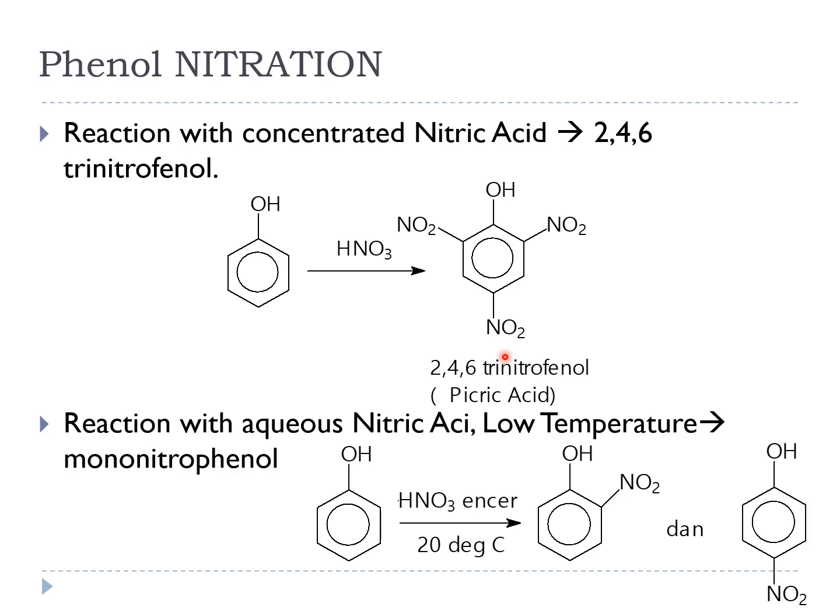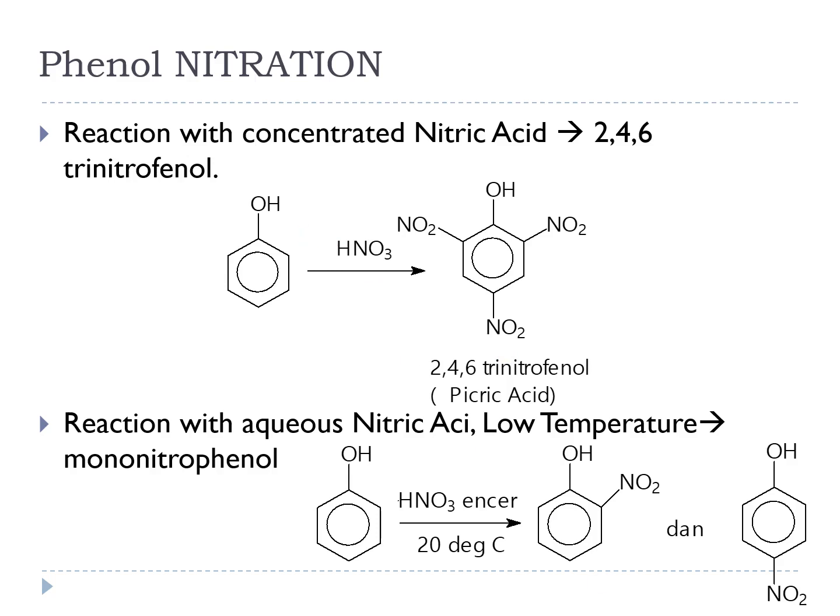If the aqueous nitric acid is used, then the nitration of phenol will follow the general substitution reaction. So will generate product in ortho and para. Ortho and para position. Okay.